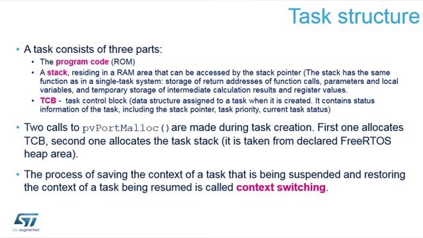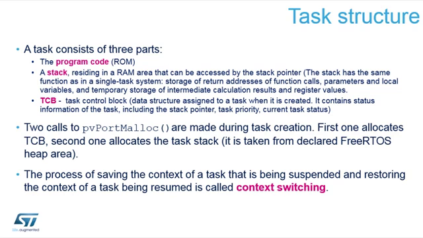A very interesting thing about the TCB: you don't get a pointer to it. What you get a pointer to is the top of the stack. So if you want to see the TCB, you have to take the original pointer and decrement it by the size of the TCB, because the TCB is below.